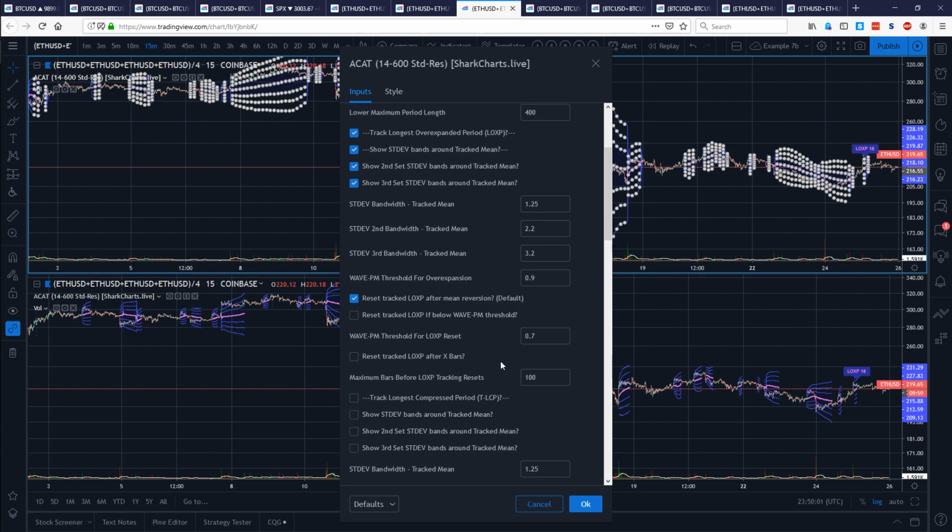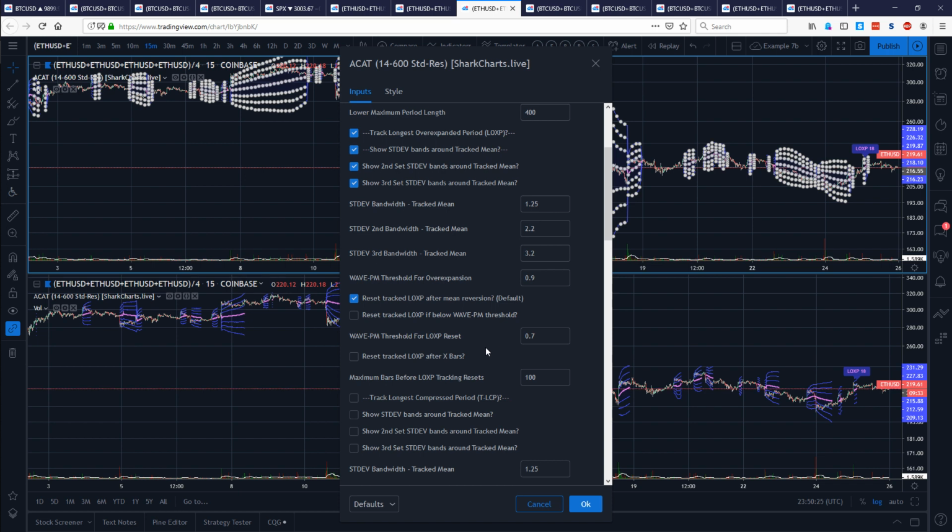Now, if you've been watching Dad Shark's live streams and comments on this strategy, he'll frequently say that when 3D wave PM turns green, which corresponds to wave PM readings below the 0.7 level, it is sufficiently recompressed in order to continue trending.